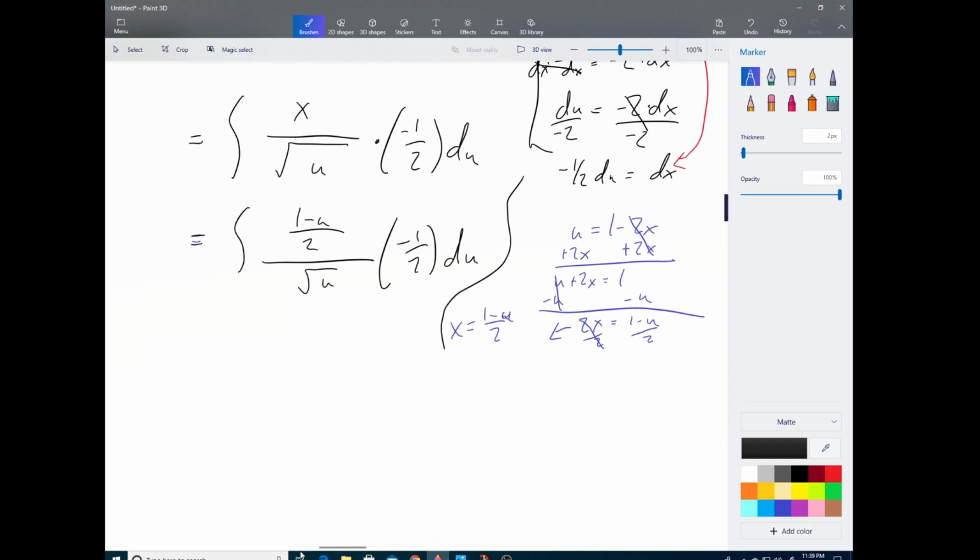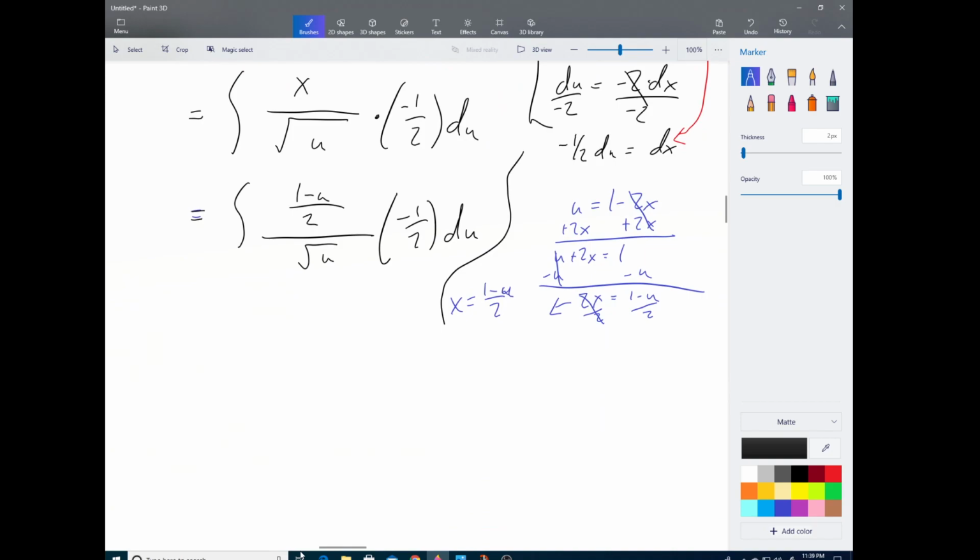Worst thing about this is it's got a fraction inside a fraction times a fraction. We're going to have to clean it up. I recommend that you clean it up before you take the integral, you kind of have to clean it up before you take the integral. Not that hard to clean up, though.